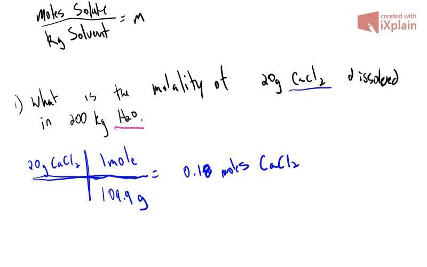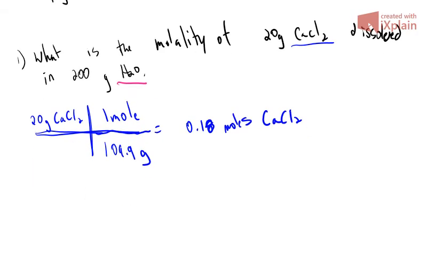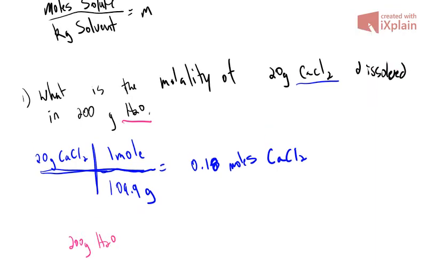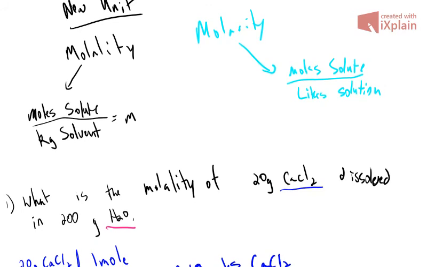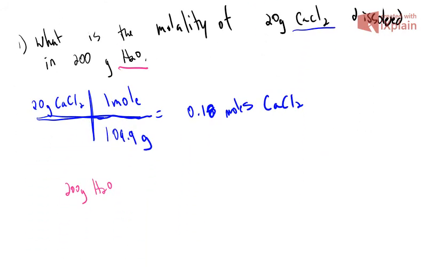And now we have, that's supposed to be 200 grams of H2O. I look back at our calculation and it says kilograms of solvent, not grams of solvent.